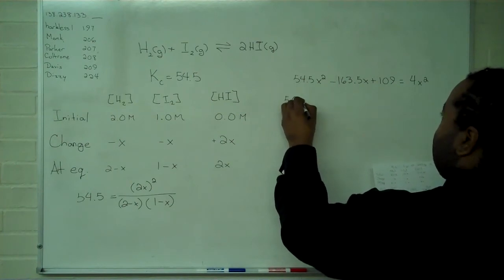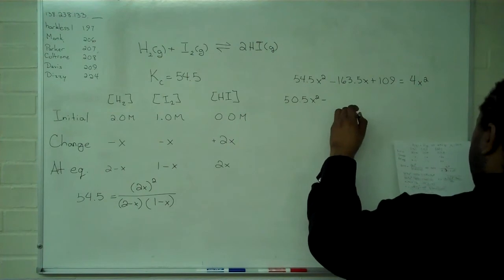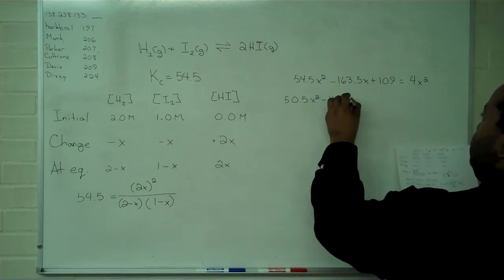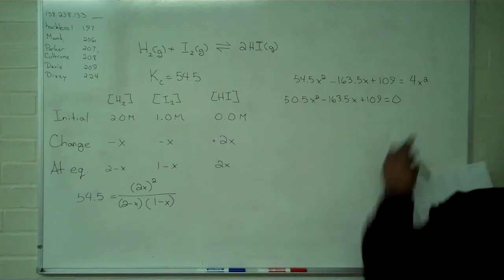If we rewrite this, we'll have 50.5 x squared minus 163.5 x plus 109 equals 0.